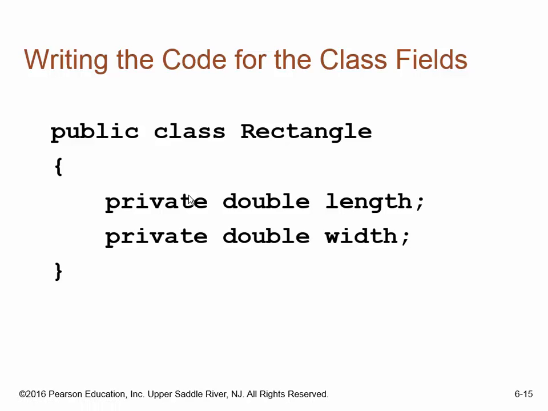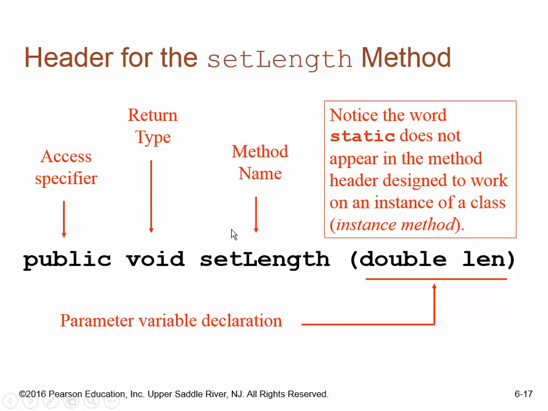I said, although this is a gross simplification, that what you have in object-oriented programming is you have public methods that manipulate private data. All right, so here's all the stuff in action, so to speak. Public for our access specifier, void for our return type, meaning it won't return anything, set length for the name of the method, and it requires a double that we call len for length.